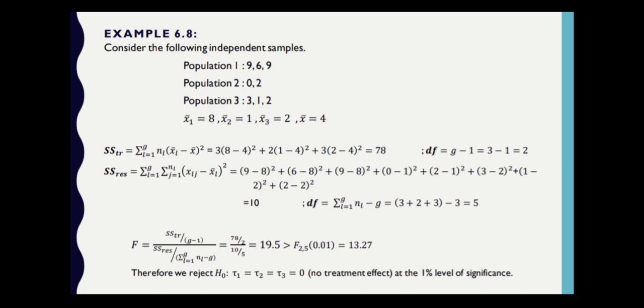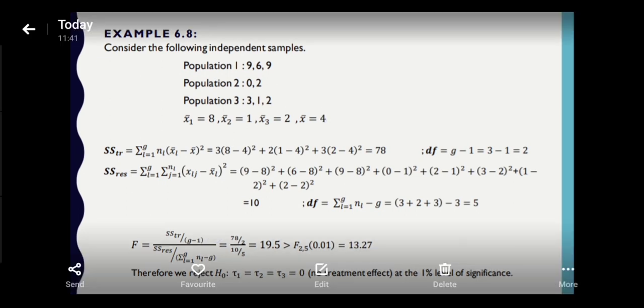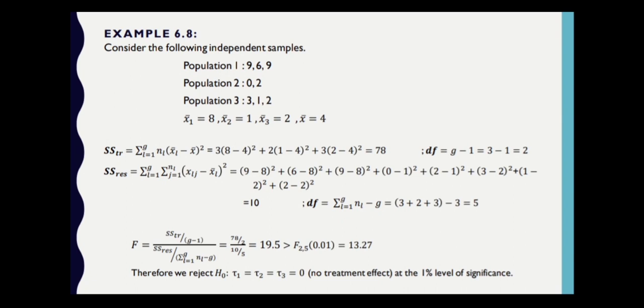So the variable involved here only one variable. Okay, so first of all, you need to find the mean for each population, right? Mean for each population, and then mean for overall. Why? Because we need to use the X bar to find the SS treatment using this formula. So which is n1 times X bar 1 minus X bar.